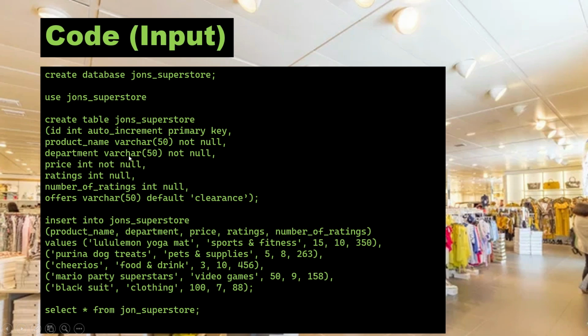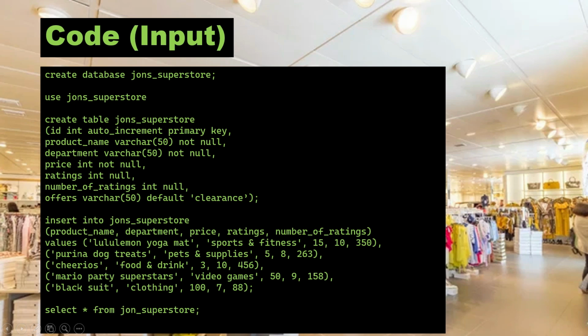I didn't put NOT NULL on ratings because it's not mandatory that people rate. And we have number of ratings here. Then I have the offers for clearance, and then INSERT INTO, where I put in the information: the product name, department, price, range, number of ratings, and I put in 5 items.